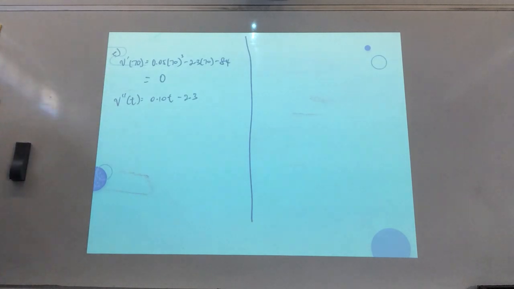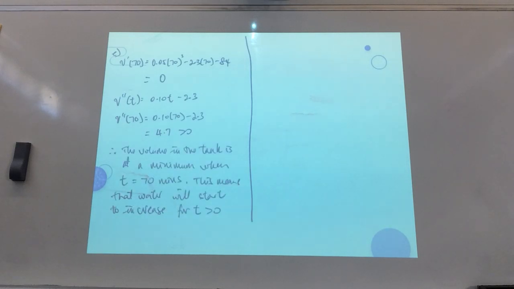It's flowing out until 70, so after that there could be water flowing in. So if you think about it that way, V double dash 70, which is the second derivative, is greater than 0. Therefore, at that point, the volume in the tank is at a minimum.